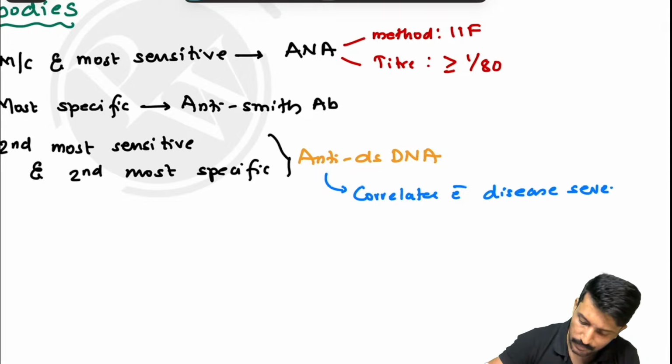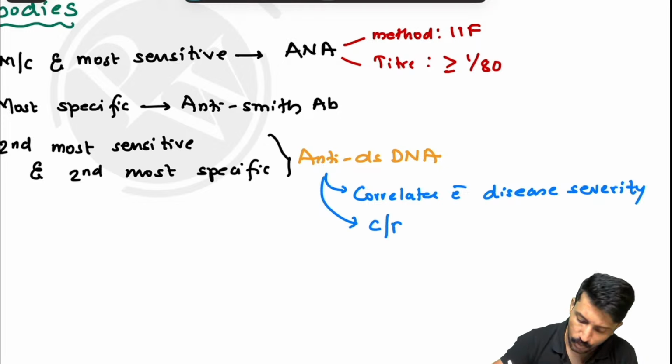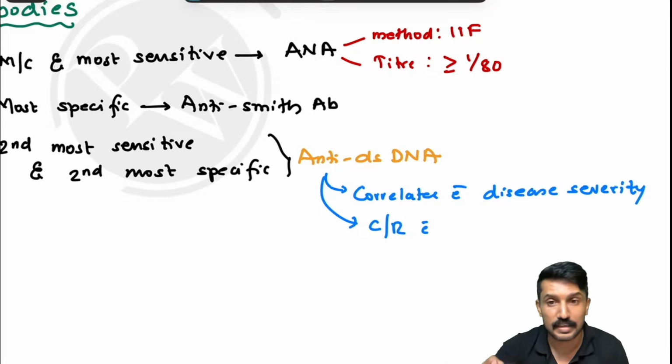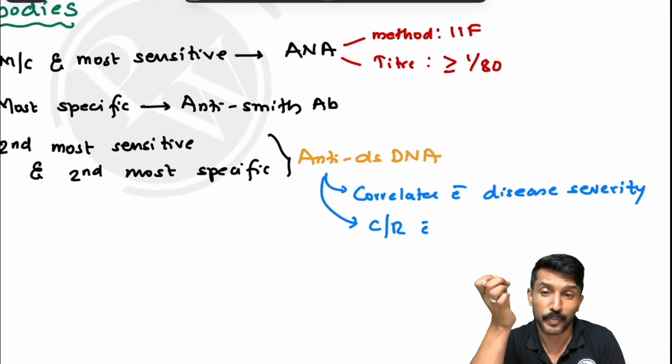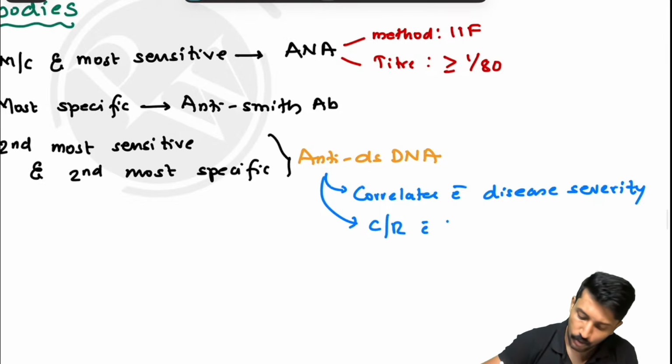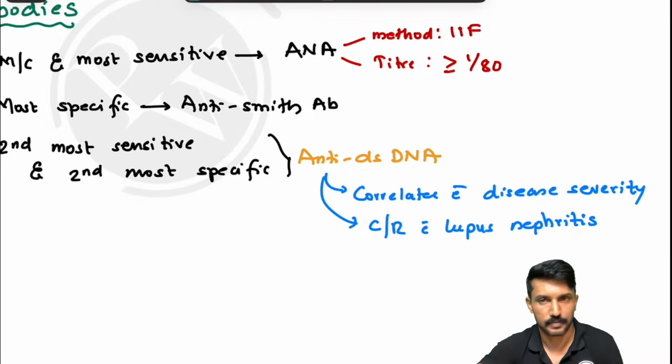It also correlates with increased risk. As the anti-dsDNA titer goes high, you know that there is increased risk of developing kidney involvement, which is called lupus nephritis. Okay, clear?